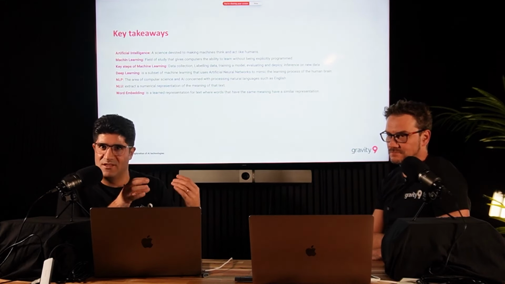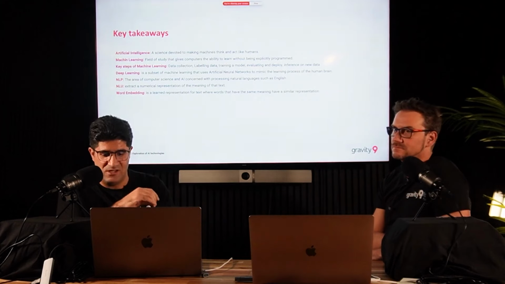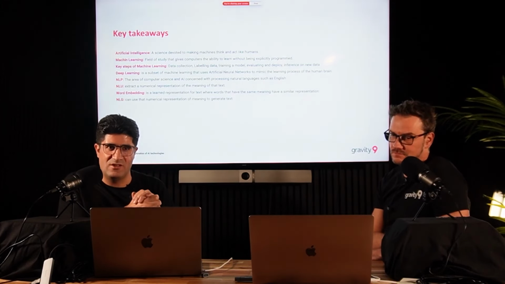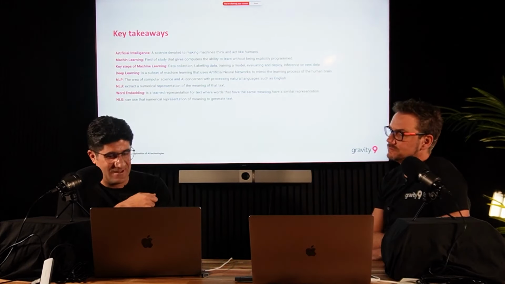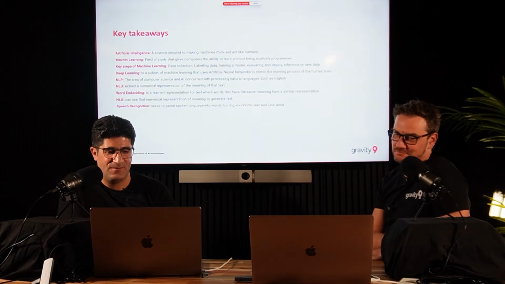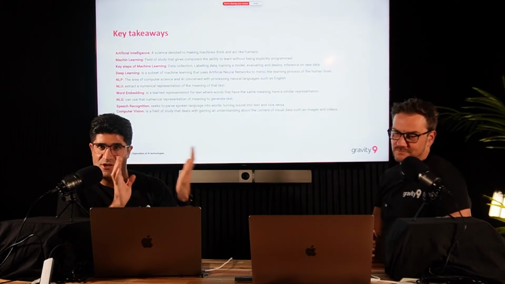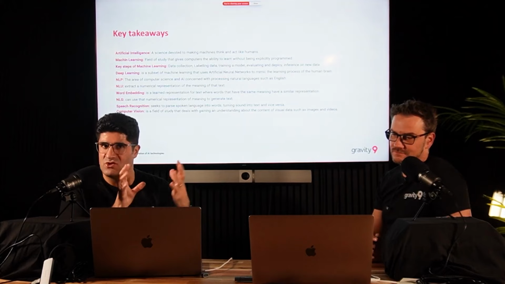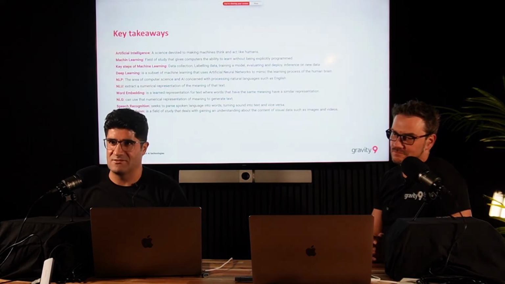Word embedding is a numerical representation that tries to store the meaning of natural language. NLG is a part of NLP that tries to generate natural language output. Speech recognition tries to convert text to speech or speech to text. Computer vision is when we try to create systems that can analyze and understand visual elements.